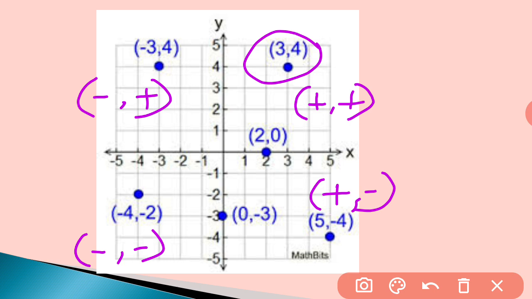Further, if I am talking about a point which lies on the x-axis, it will have its x coordinate as a number and its y coordinate will always be 0. This is because if I draw a perpendicular from the point to the y-axis, it will reach 0. Now let us consider a point which is on the y-axis.